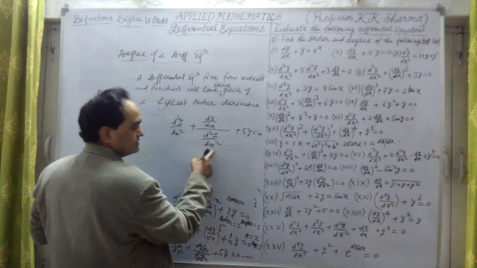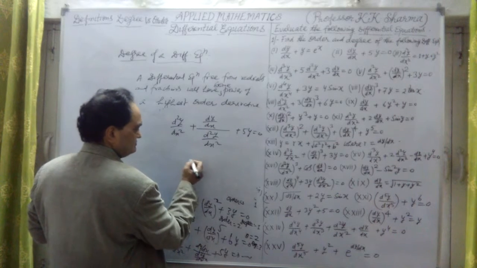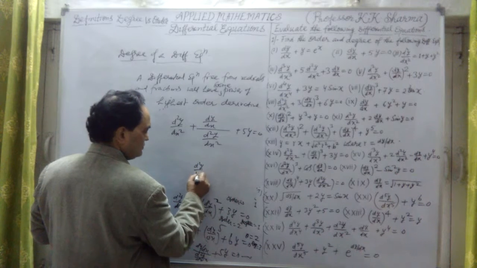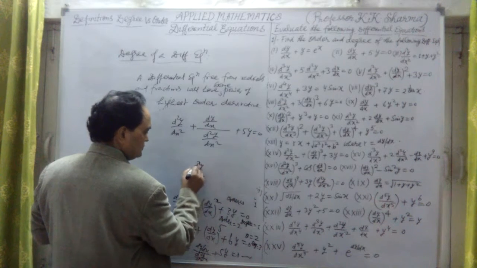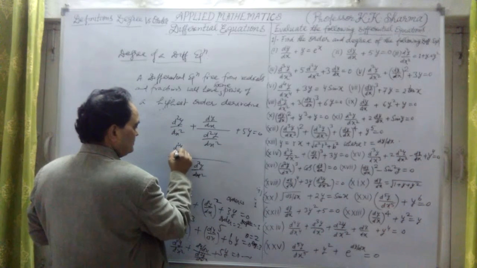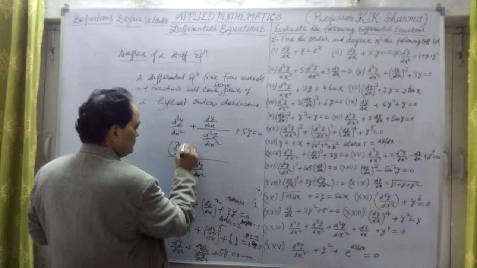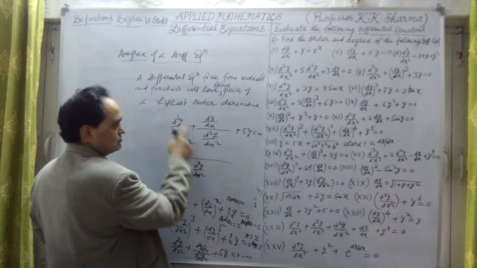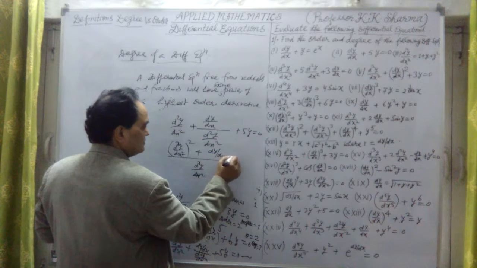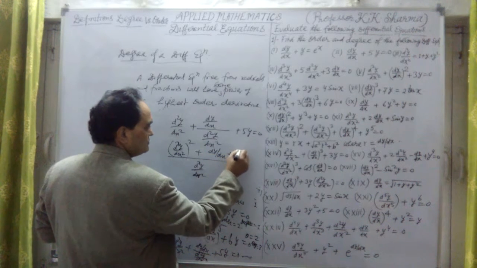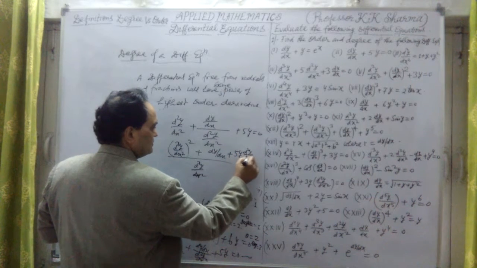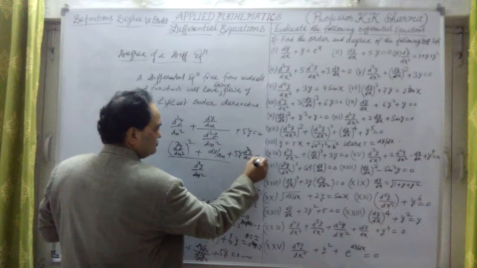What do we take? We take the LCM here. The LCM is d square y upon dx square. So this will be d square y by dx square whole square, cross multiplied, plus dy by dx, plus 5y into d square y by dx square equal to 0.